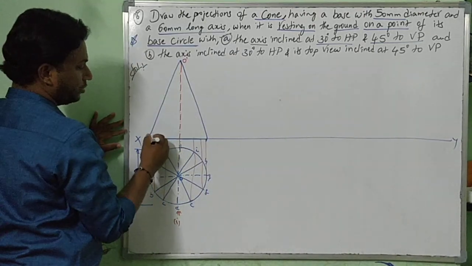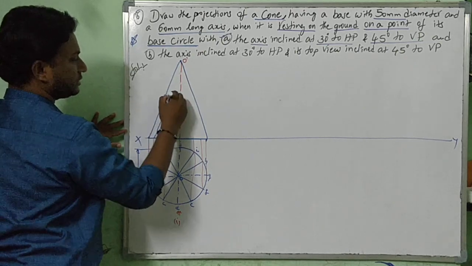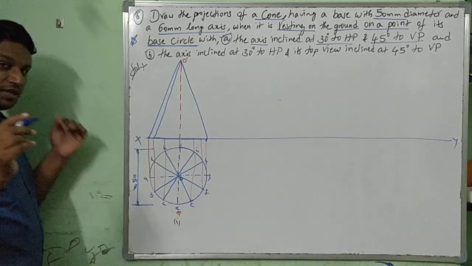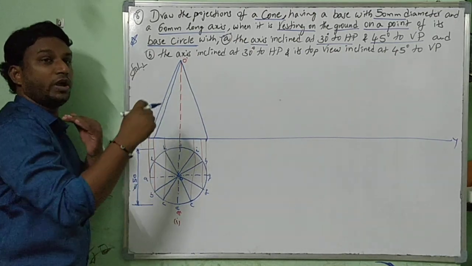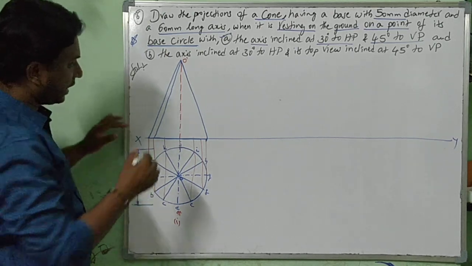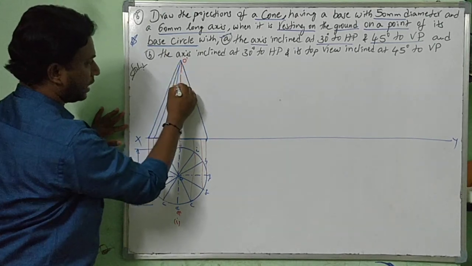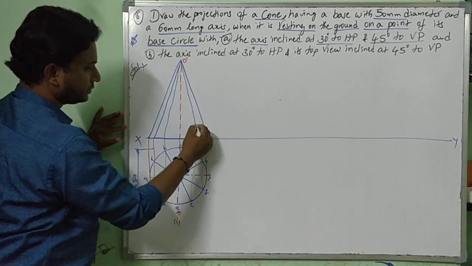I usually next try to draw the projectors and generators. Generator is a line which is from apex point to any point on the circumference of the base circle. Right? Whatever the lines which I am trying to draw inside, they are light, which are called generators.